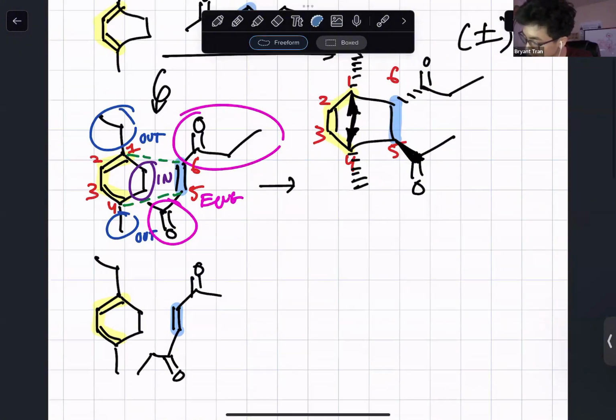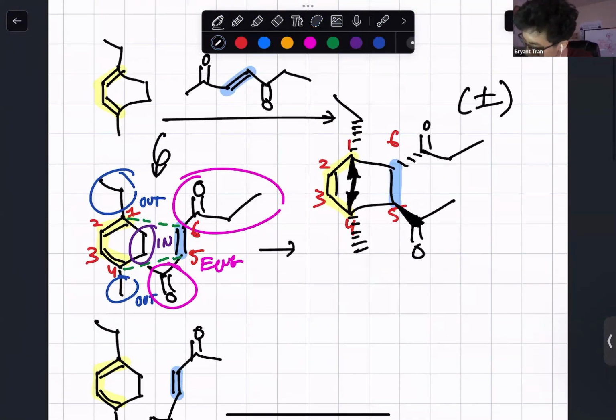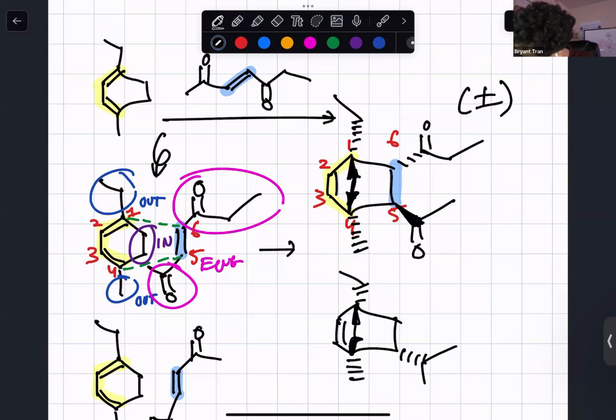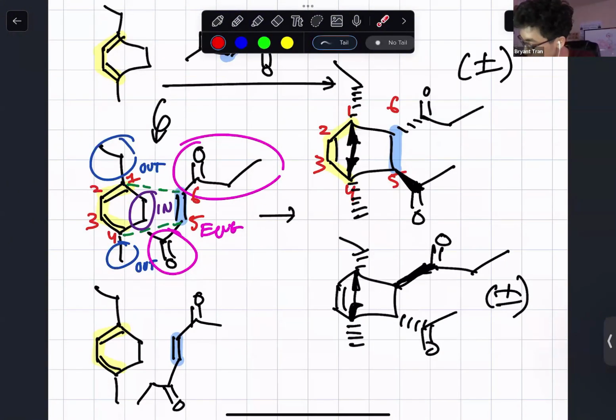But we could have said that the EWG at the bottom follows the endo rule, which is going to be dashed, making this EWG at the top a wedge. Plus minus like that. Right? Because the dienophile here being trans makes it more complicated.